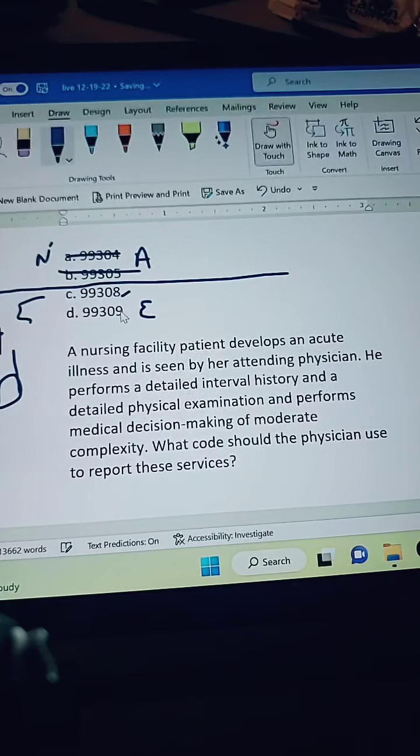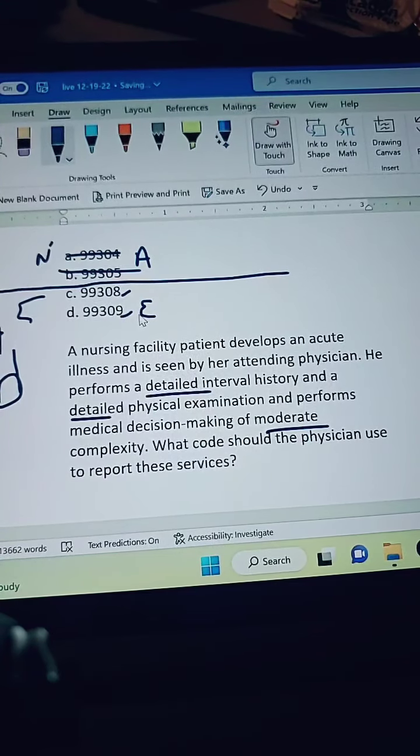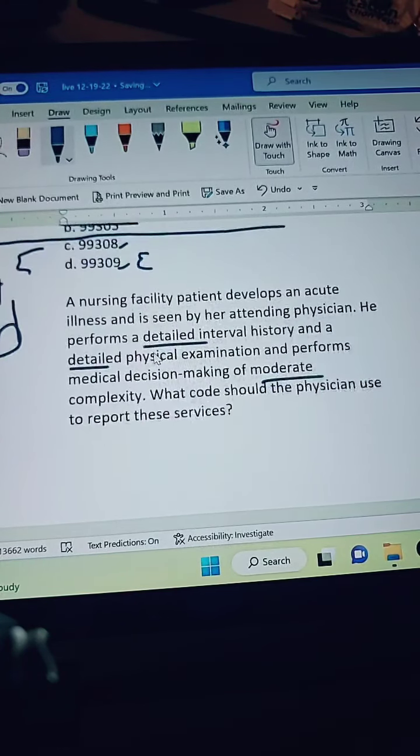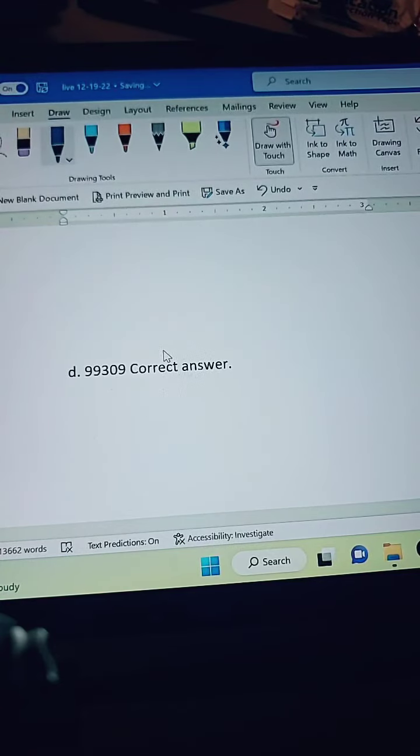Then you just have to match up your exam was detailed, your MDM was moderate, and your history was detailed. So just match those up. Detailed and moderate, that goes with our 09. Happy, happy, joy, joy. Easy peasy.